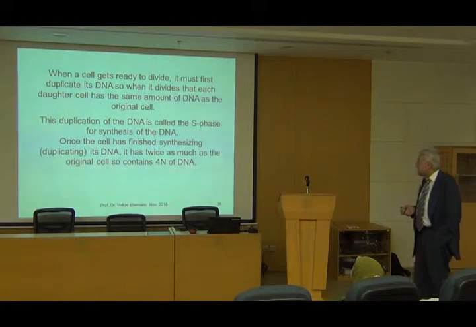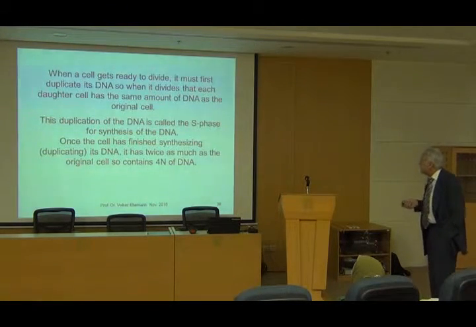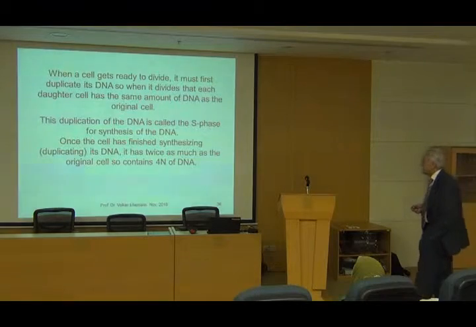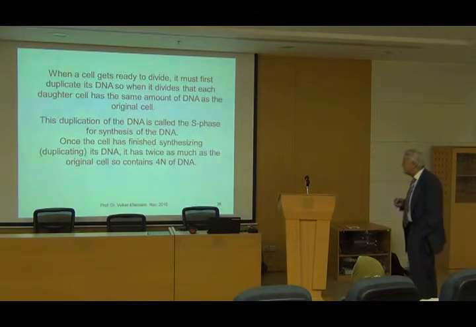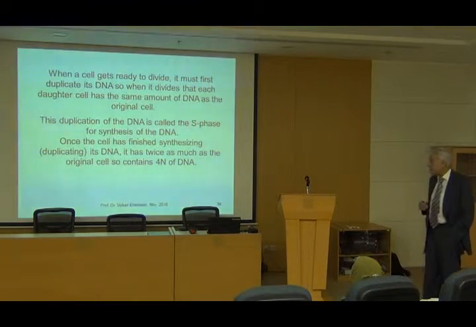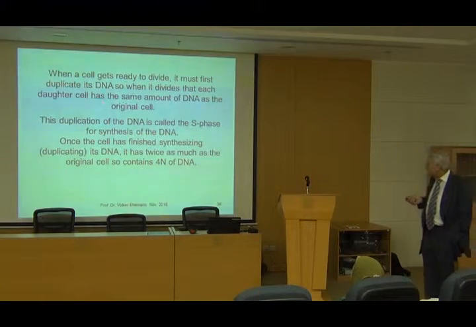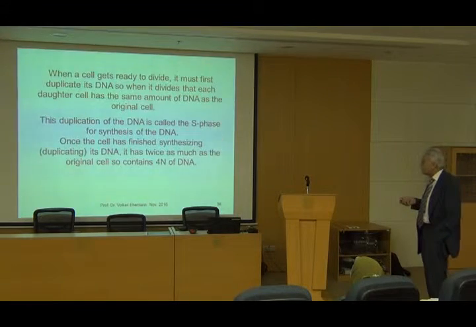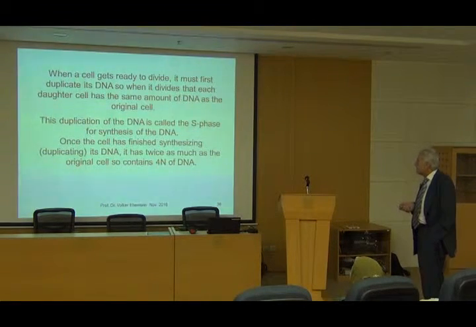When a cell gets ready to divide, it must first duplicate its DNA, so that when it divides, each daughter cell has the same amount of DNA as the original cell. This duplication of the DNA is called the S phase, for synthesis.